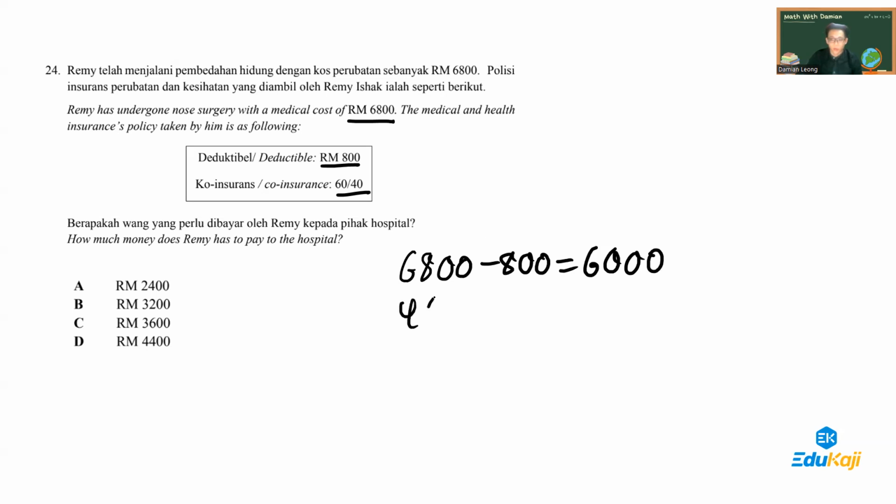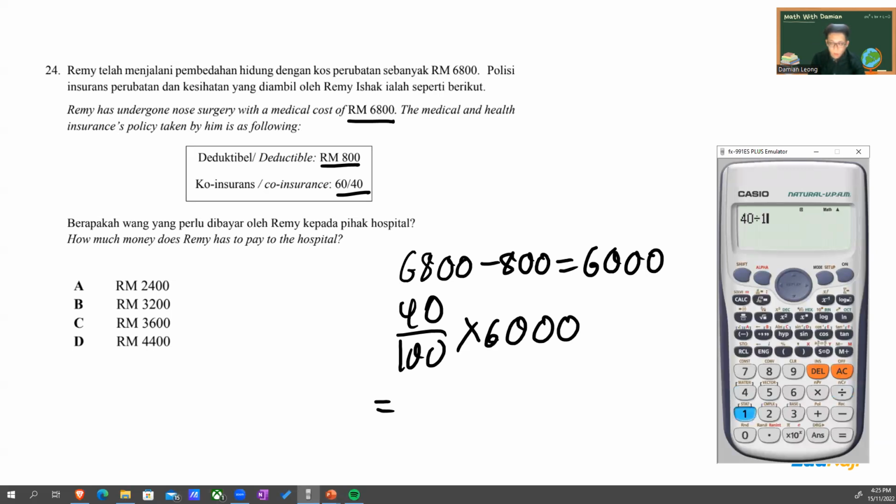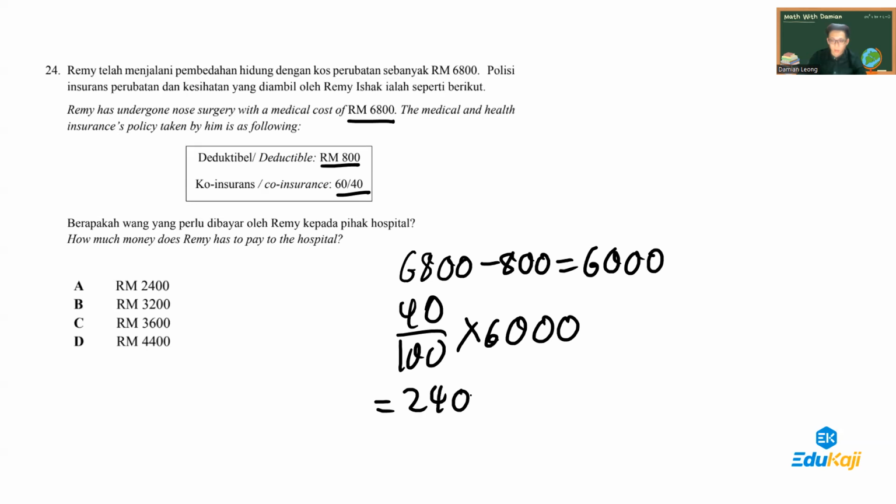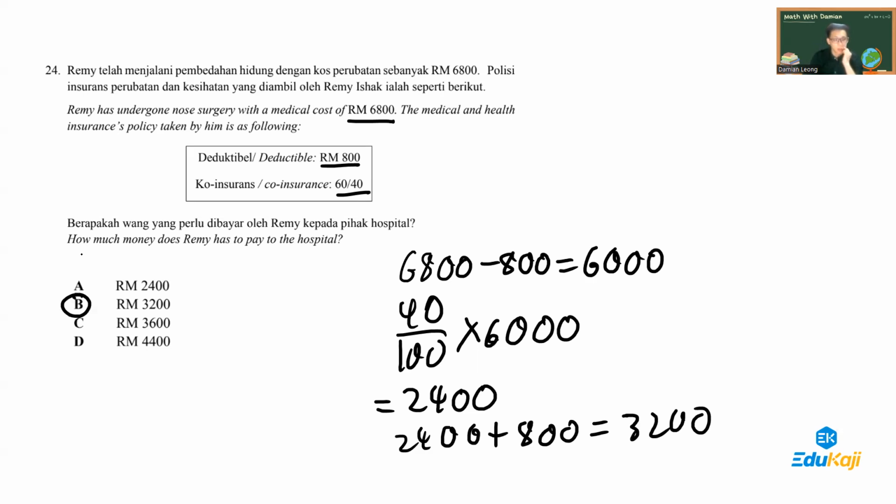Then we count 40% of that, of 6,000, $2,400. Then we add back the deductible amount because the deductible is also paid by Remy. So it's 3,200. Answer B. That's question 24.